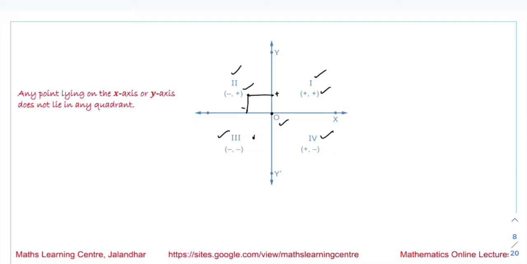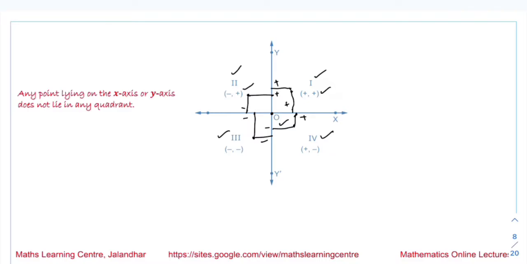Next, in the third quadrant, suppose this point is here, this is negative and this is also negative. In the fourth quadrant, this is positive and this is negative, and in the first quadrant both of these are positive.